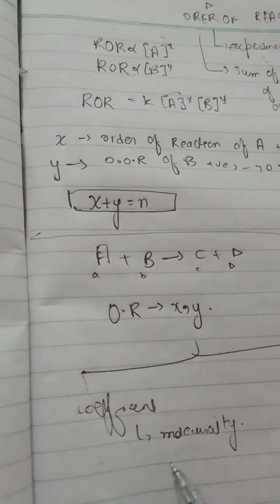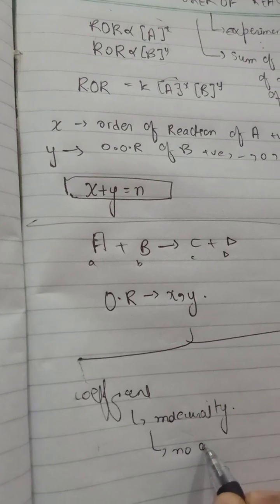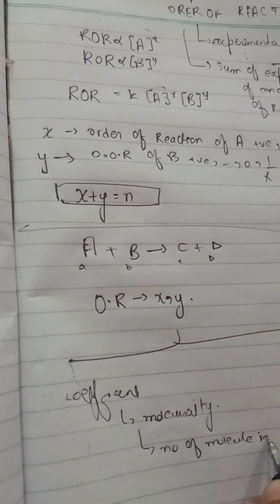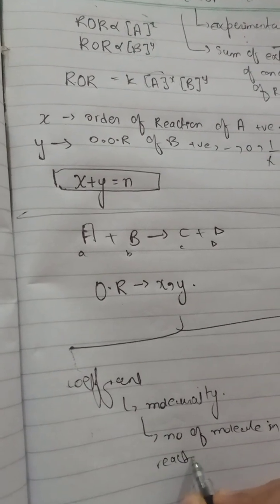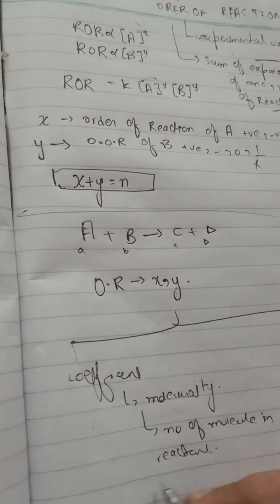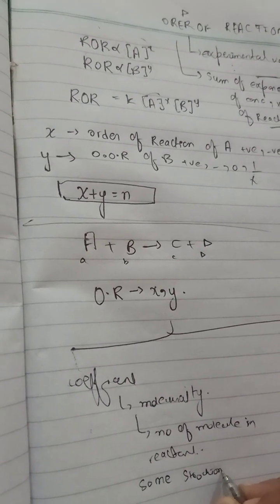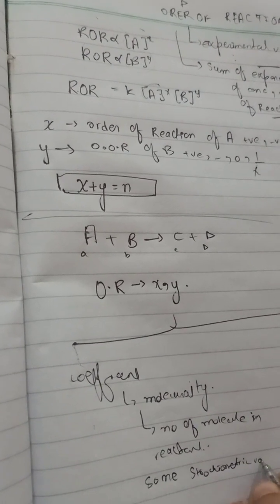Molecularity is the number of molecules in the reactant, or you can say the sum of stoichiometric values.